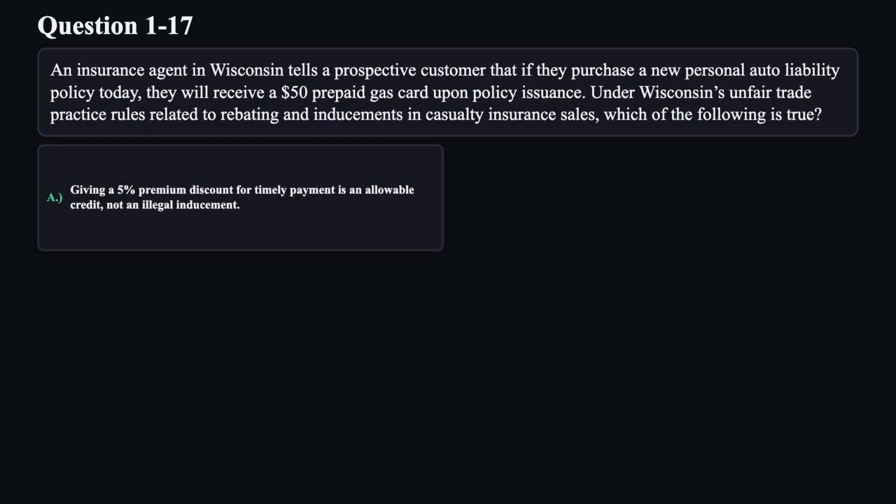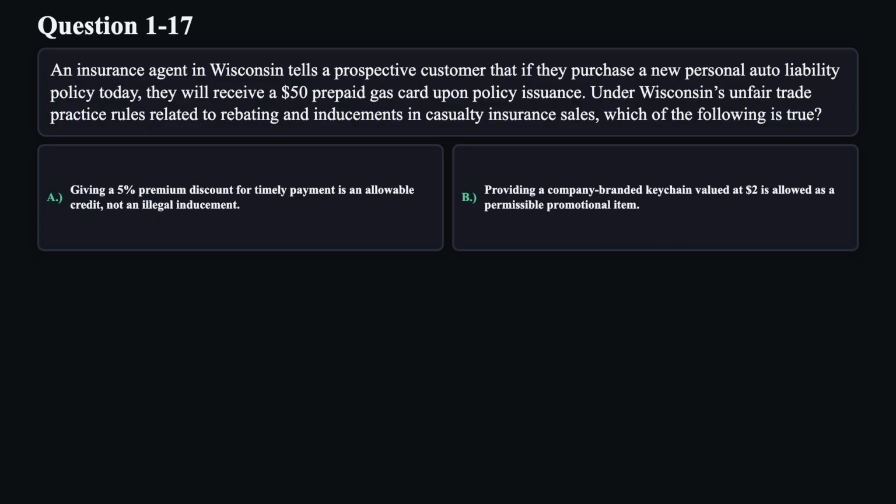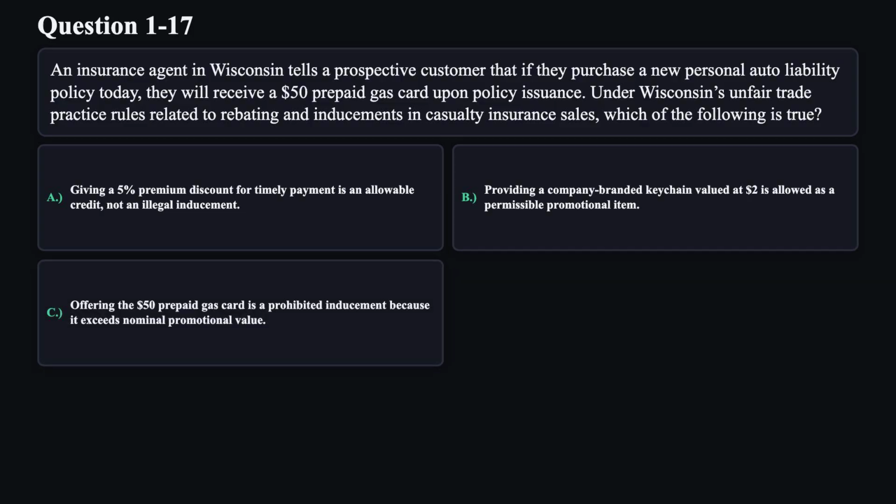A. Giving a 5% premium discount for timely payment is an allowable credit, not an illegal inducement. B. Providing a company-branded keychain valued at $2 is allowed as a permissible promotional item. C. Offering the $50 prepaid gas card is a prohibited inducement because it exceeds nominal promotional value. D.